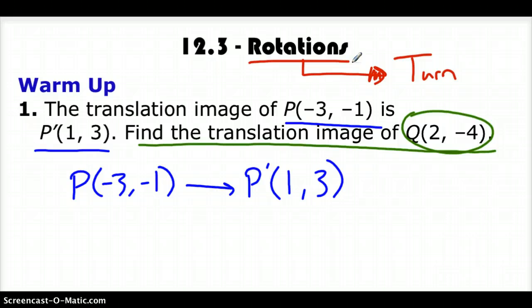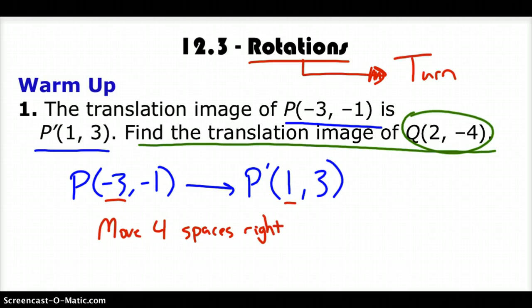So how did we get from -3 to +1? Well, it looks like you'd have to move 4 spaces to the right. Okay, so I'm just going to write that down. Move 4 spaces right. Okay, and now we can look at how did we get from -1 to +3? Well, you'd have to move 4 spaces up for that to happen. Right? So let's say, again, move 4 spaces up.